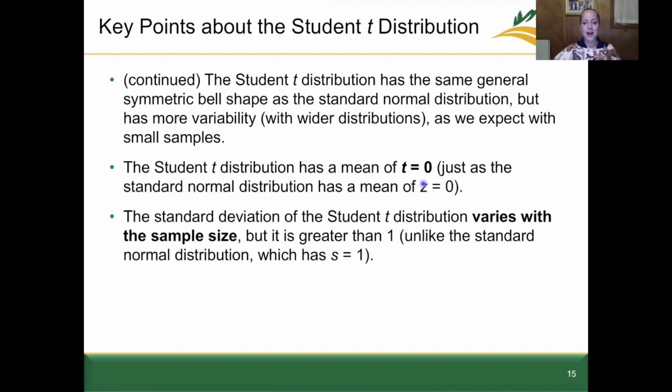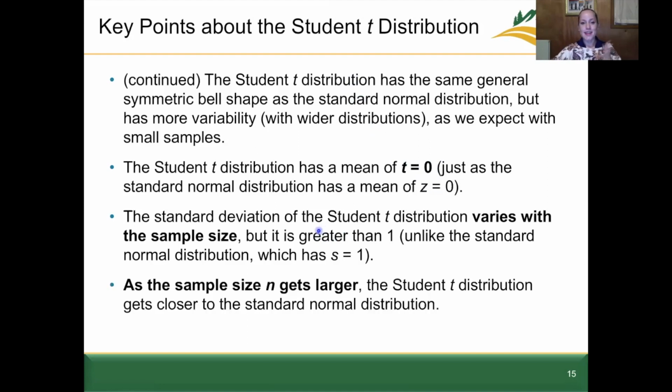Okay, so far we've seen some commonalities here, right? So t equal to 0, z equal to 0. But for student t-distributions, the standard deviation is greater than 1 because we're working with smaller sample sizes. Now, with student t-distributions, though, as the sample size, or n, gets larger, then our student t-distribution gets closer to a standard normal distribution.